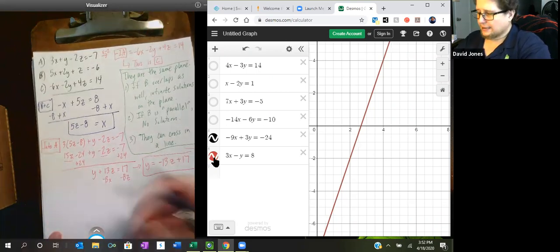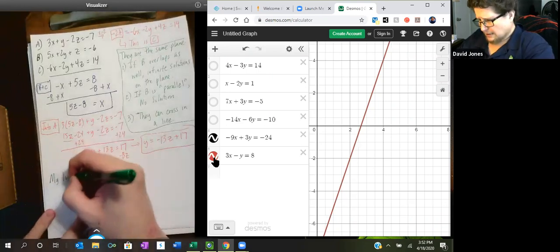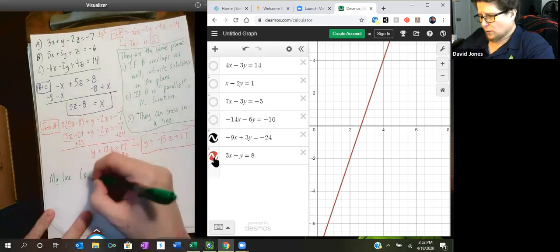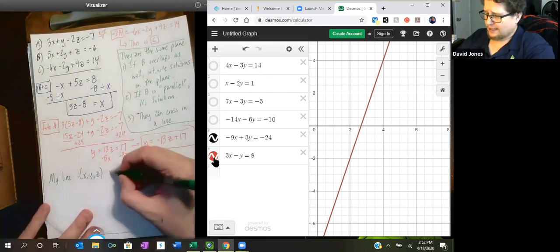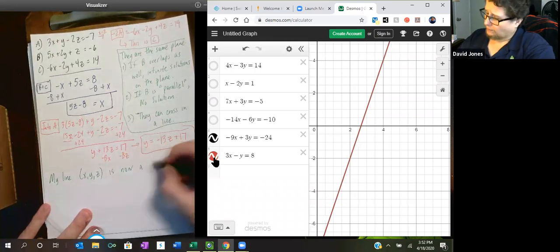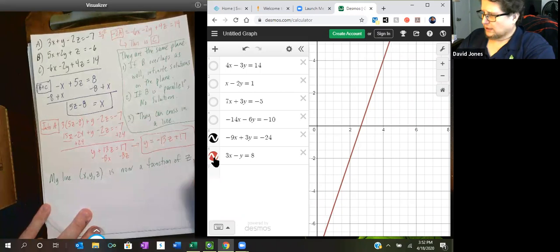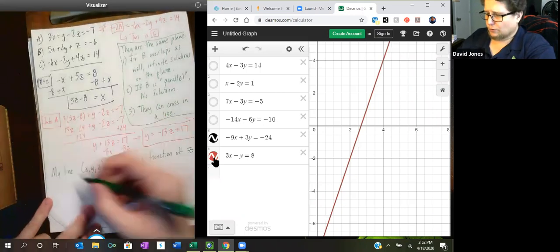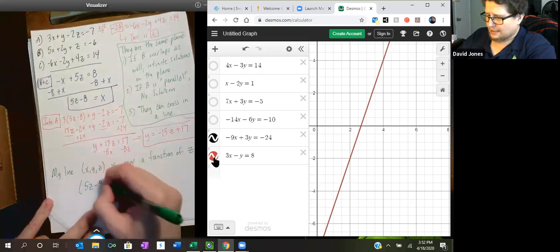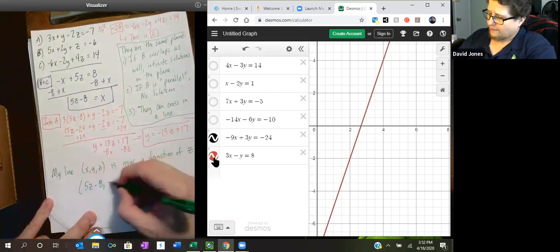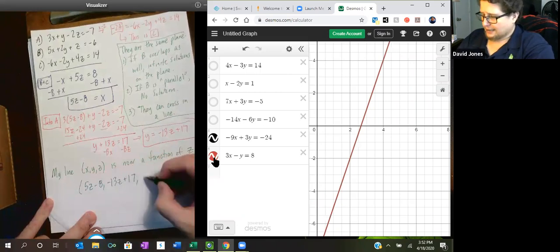My line, the xyz, is now a function of z. If I plug these in, x equals 5z minus 8, y equals negative 13z plus 17, and z is z.